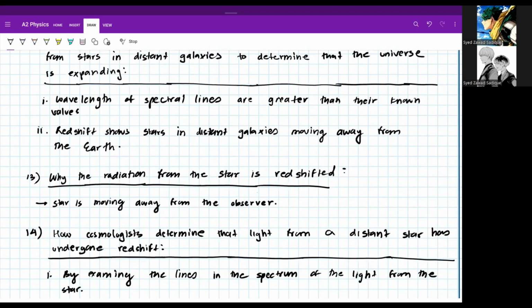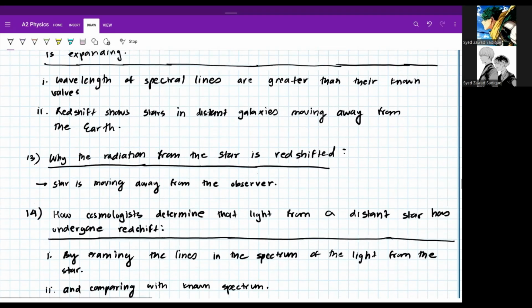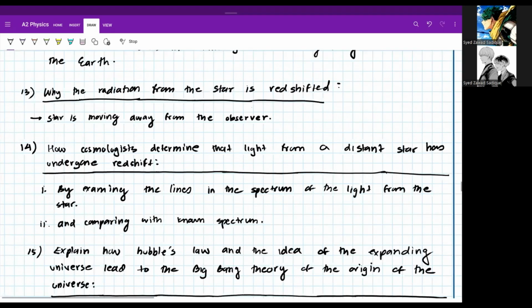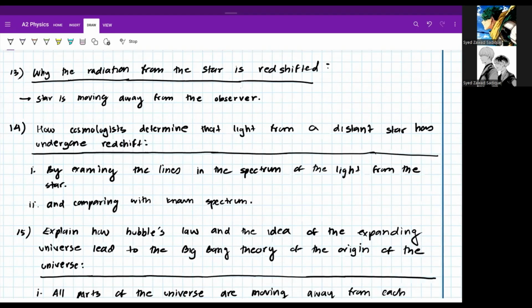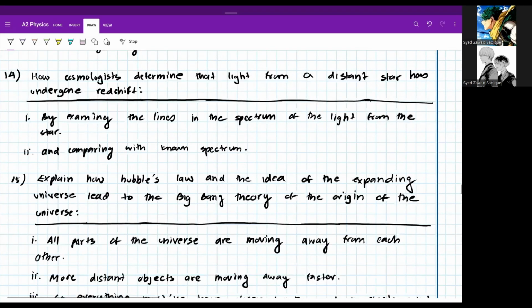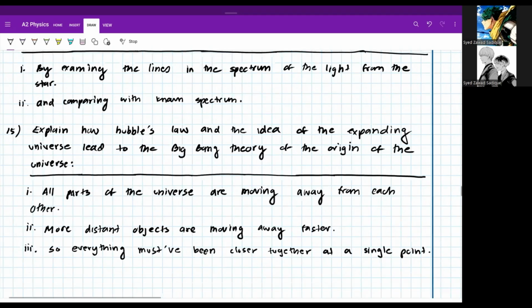The star is moving away from the observer. Number 14 is how cosmologists determine that the light from a distant star has undergone redshift. So we can say that by examining the lines in the spectrum of the light from the star and comparing with known spectrum. Finally, explain how Hubble's law and the idea of the expanding universe led to the Big Bang theory of the origin of the universe.